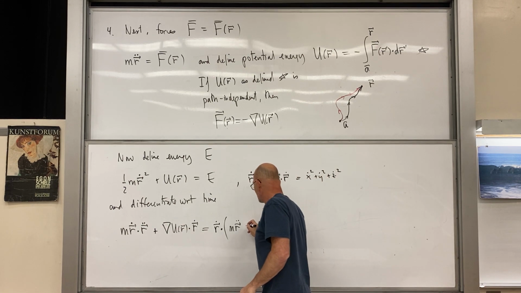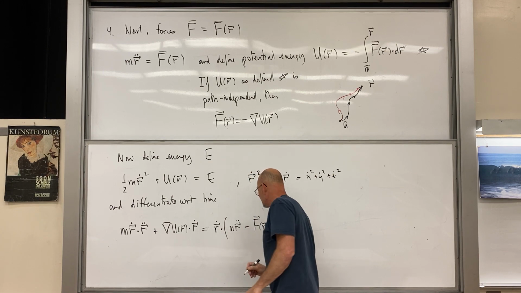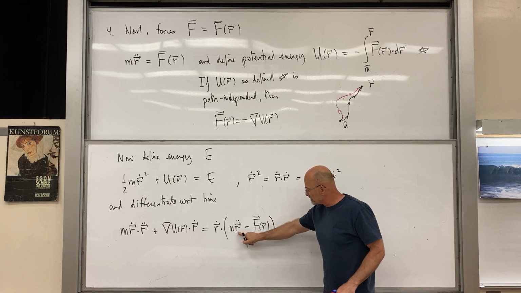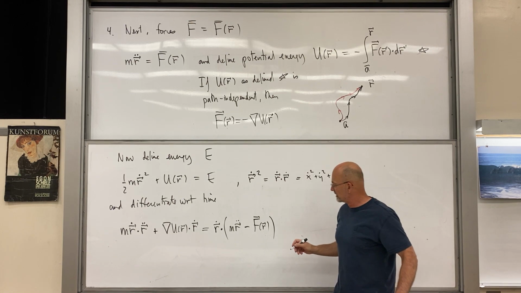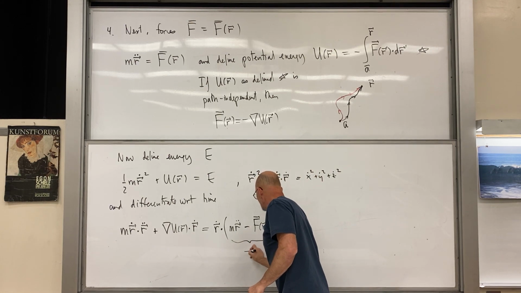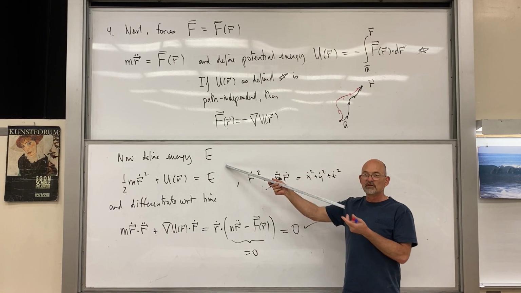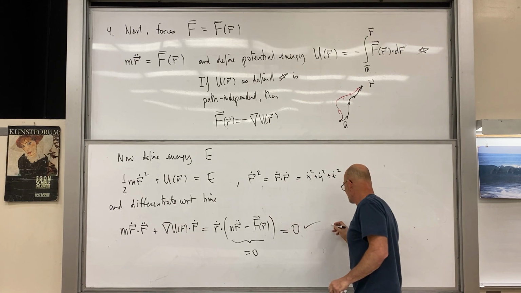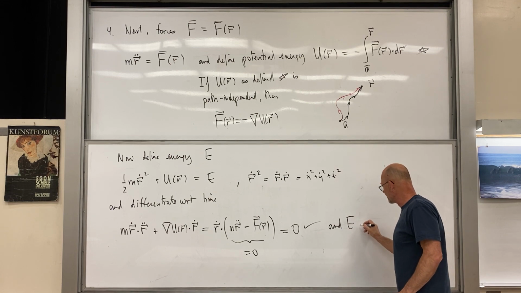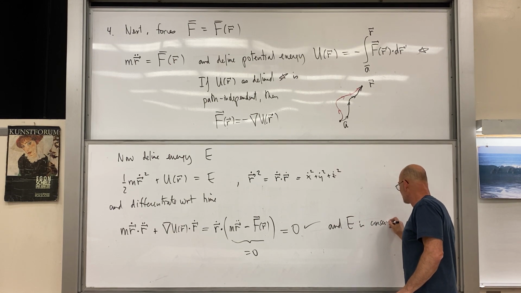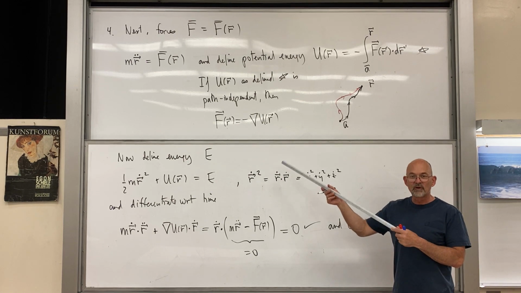Okay, so minus F of r, and of course by Newton's law, which we're starting out with, this is equal to 0. Equals 0, and then we can say that this energy E is conserved. So we just have to justify all these steps so that we really know them.